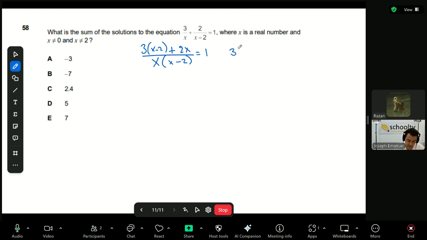So you have 3x minus 6 plus 2x equals x squared minus 2x. This is okay? Yeah. x squared. This is x. So minus 3x plus 6 equals 0. Okay? Yeah.